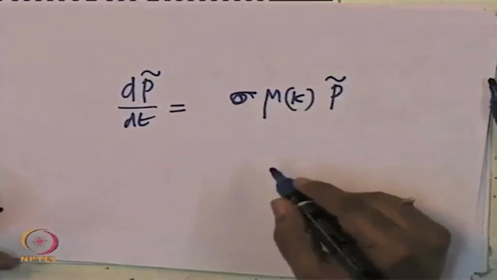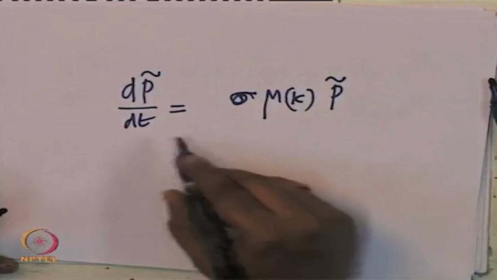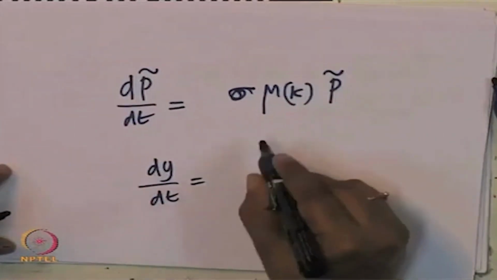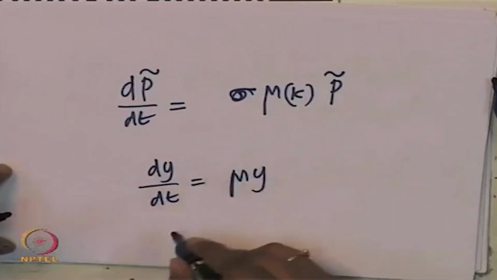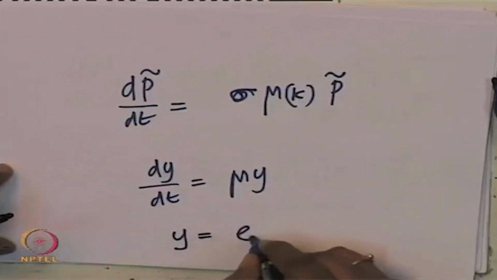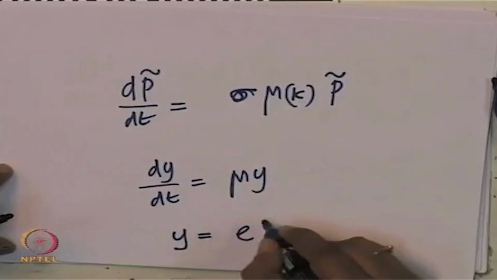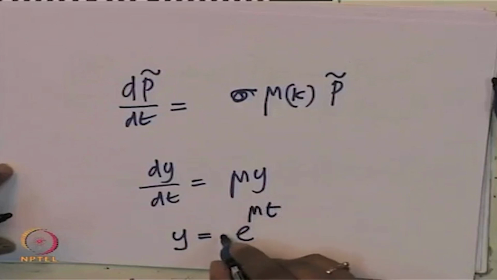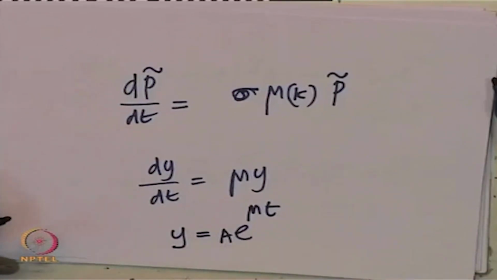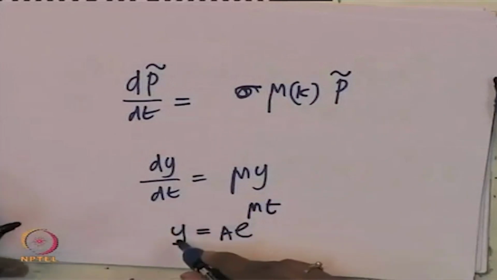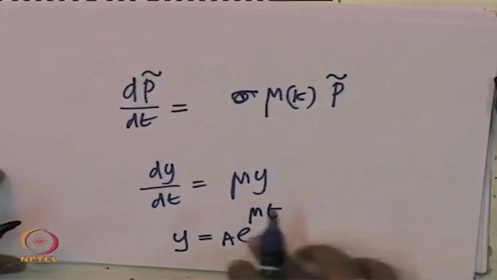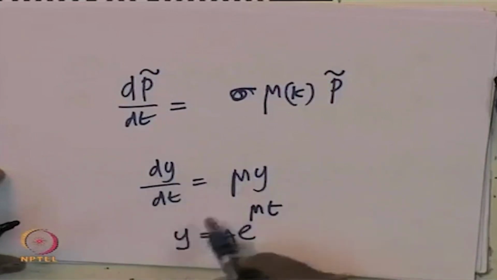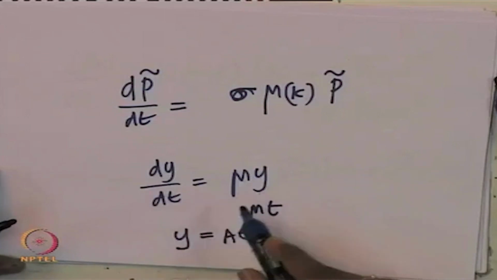If you have such an equation, you can easily find the solution. You know that if you have dy by dt is equal to mu times y, the solution is y is equal to y 0 e power mu t, with some constant. You immediately know this has a solution like this, which we discussed some time ago in differential equations, because you can write dy, take this mu y downstairs, integrate both sides, and you will find an exponential solution.